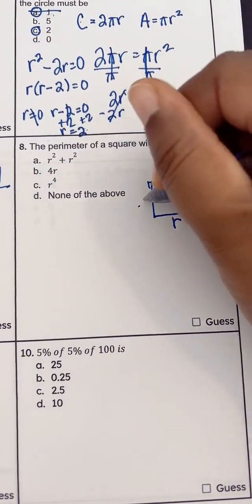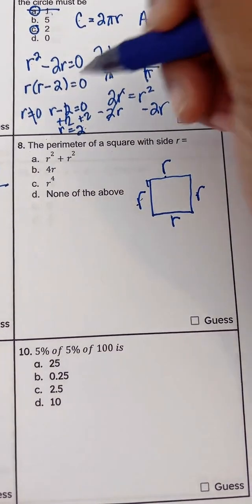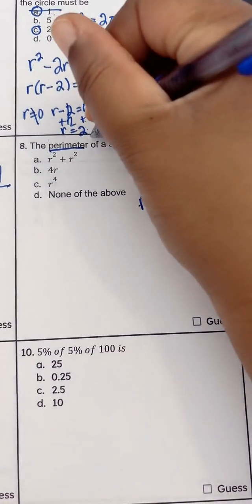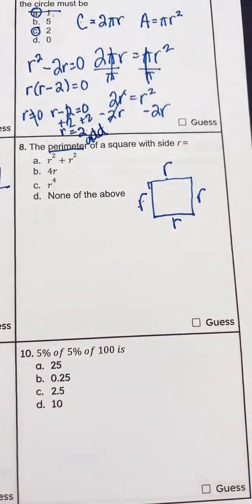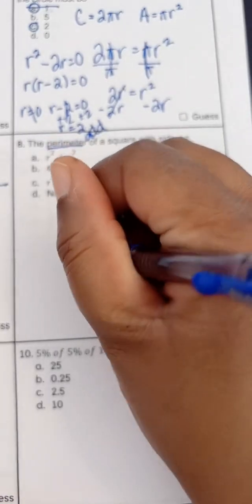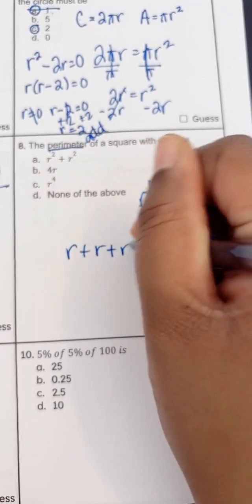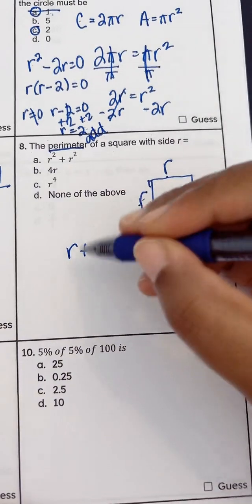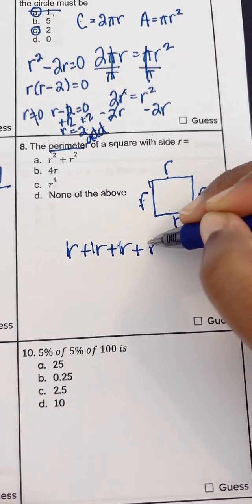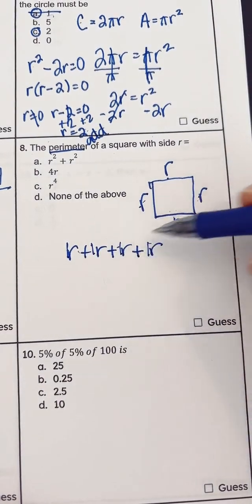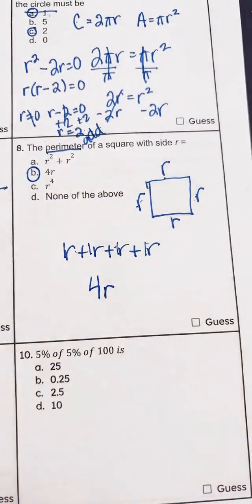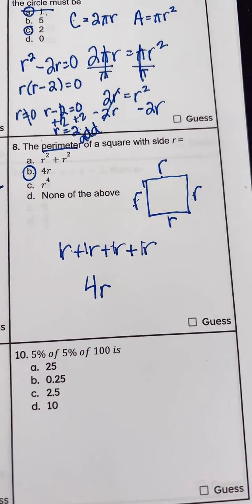So this got to be R, this got to be R, this got to be R. Whenever we see this word perimeter, I'm hoping that you can say add. It got to be add. So what we have to do is add up all the sides. Well, R plus R plus R plus R. Remember, there's always an imaginary 1 in front of these bad boys. So what's 1 plus 1 plus 1 plus 1? 4 R's. And yes, B is our answer.